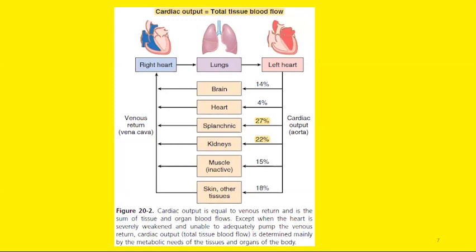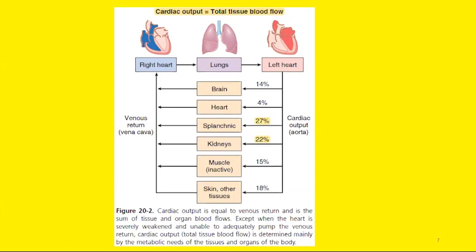So the amount of blood pumped by the heart is cardiac output in 1 minute. And the same 5 liters of blood will enter from the periphery to the right atrium, back to the right side of the heart. And this is known as the venous return.